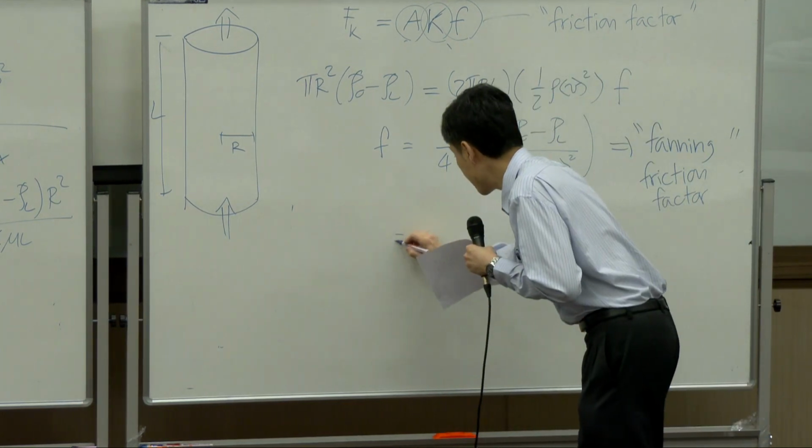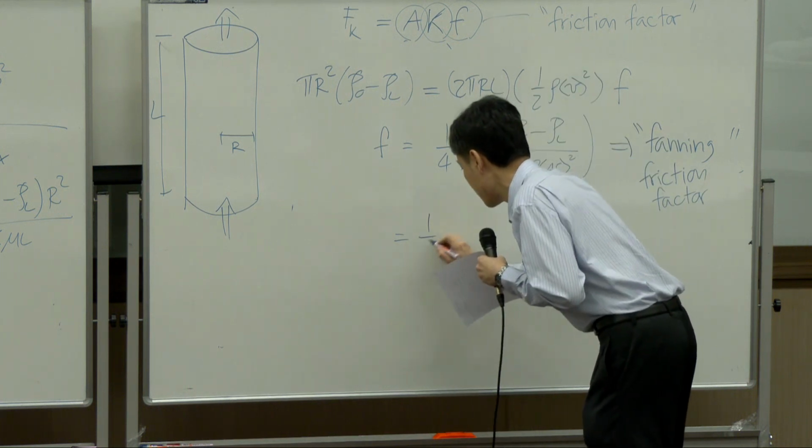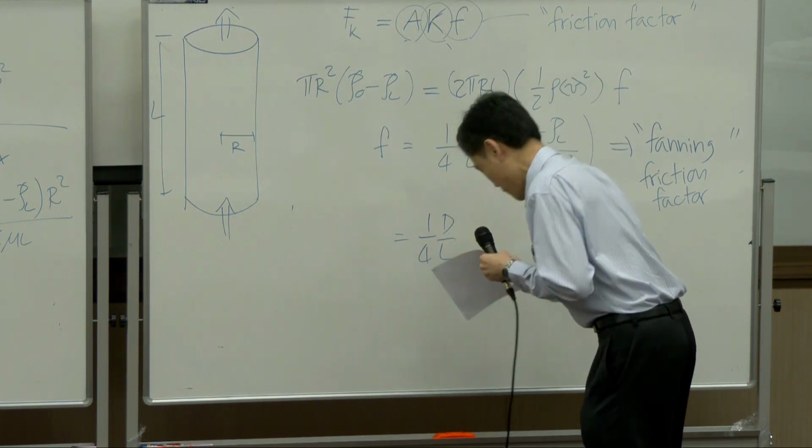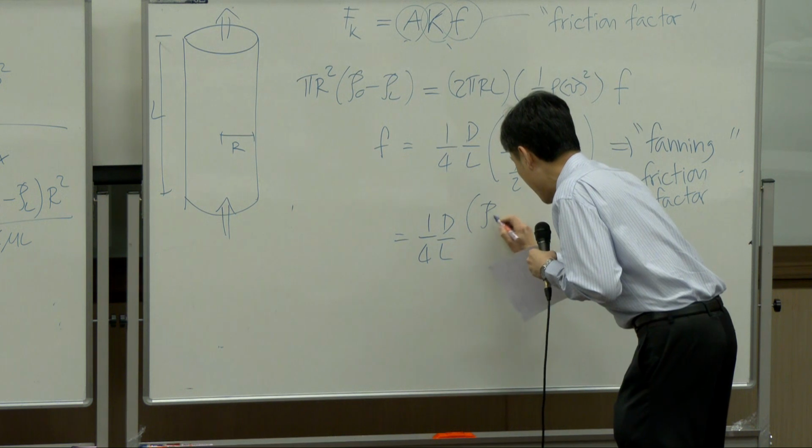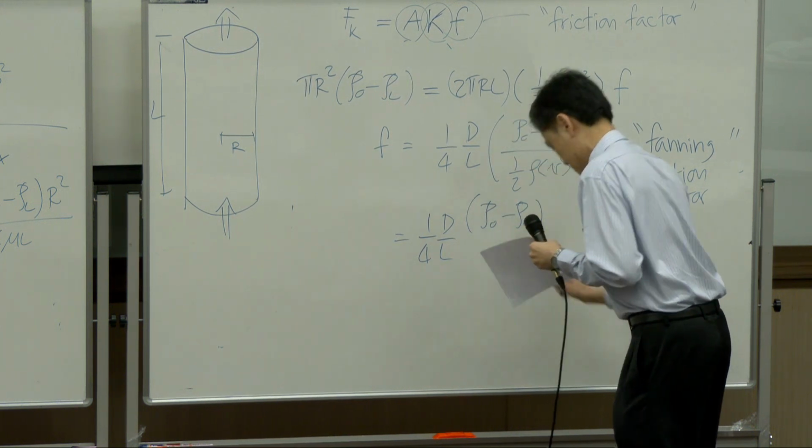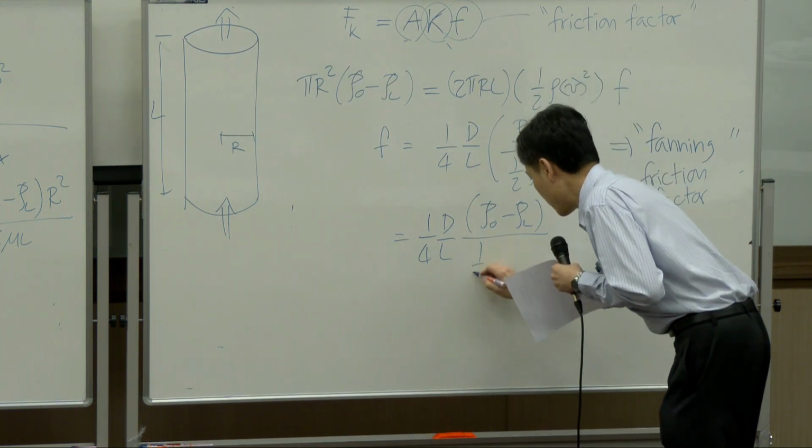So if I expand the term, 1 over 4 D over L, I keep the pressure the same, 1 over 2 rho.